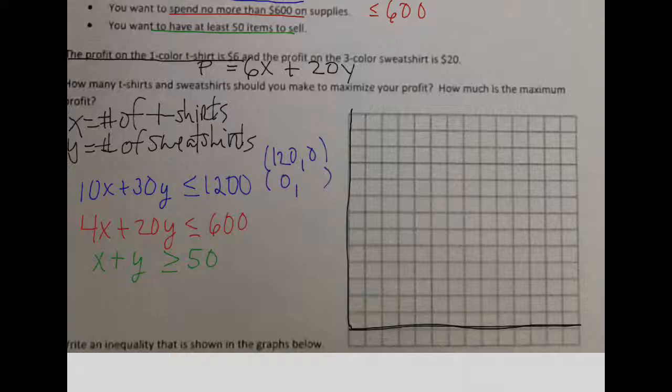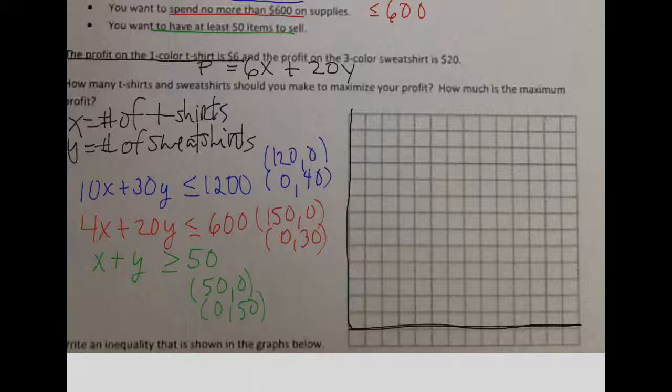If I cover up the x and divide 1,200 by 30, I get 40. So the biggest one there is 120. For the next one, I cover up the y, so 600 divided by 4, I get 150. Then if I cover up the x and do 600 divided by 20, I get 30 for the y. So 150 now is the biggest. And for the last one, that's easy enough: 50, 0 and 0, 50.